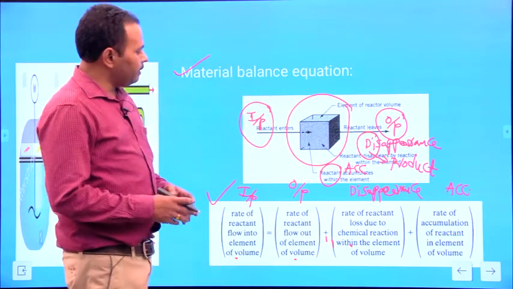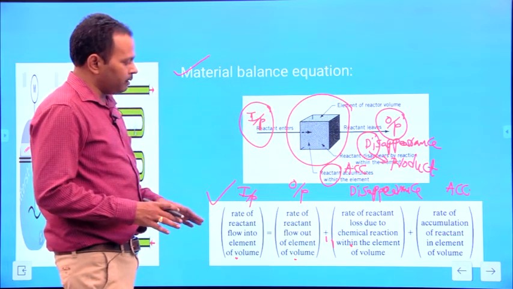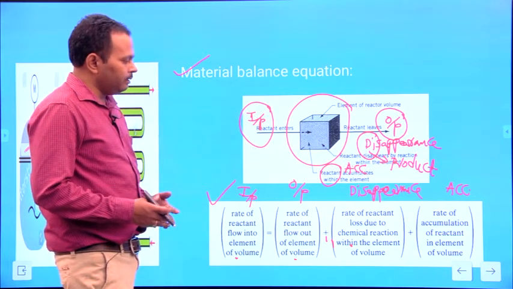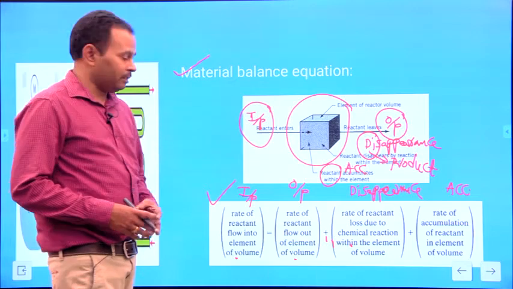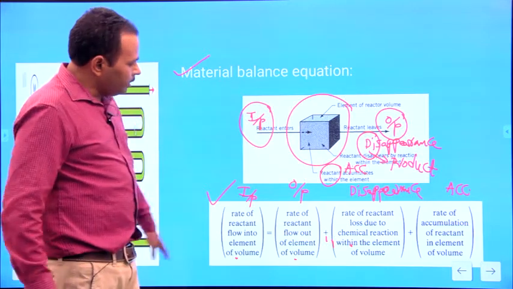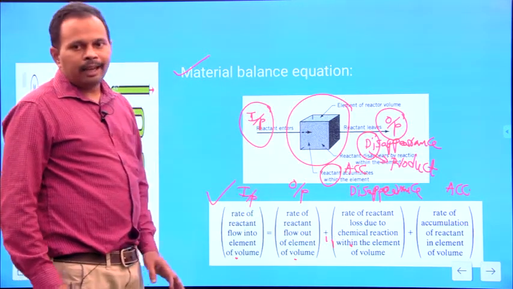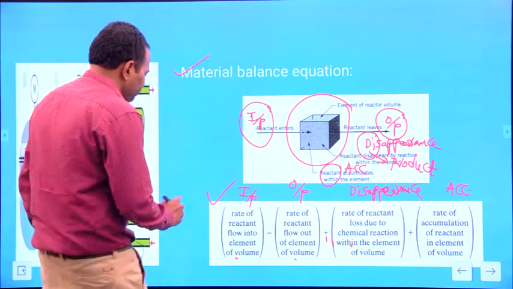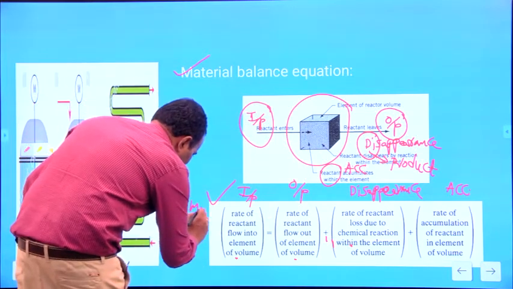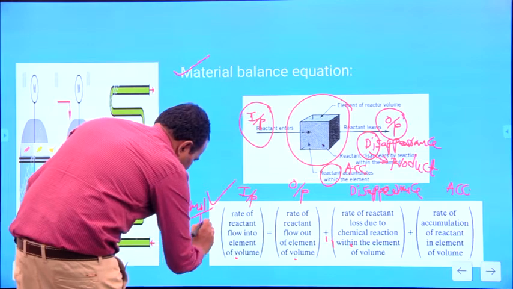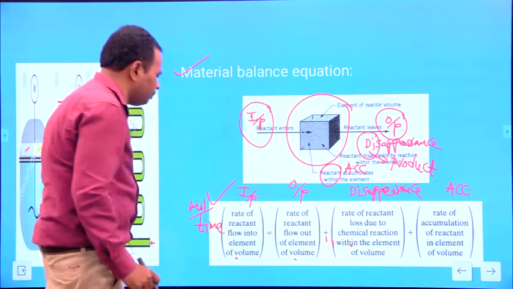So the starting point for any reactor design is the material and energy balance equation. All the terms in this material balance equation have the units of moles per time, which can be written as moles per second or moles per hour.